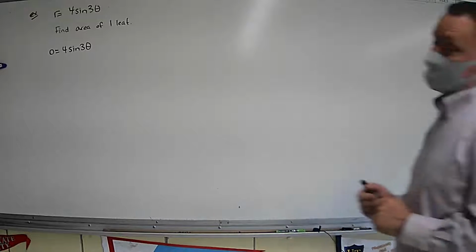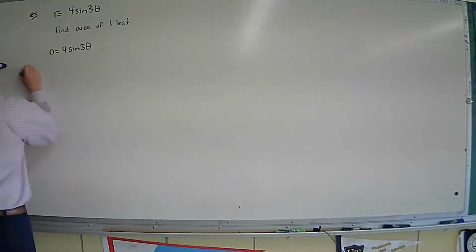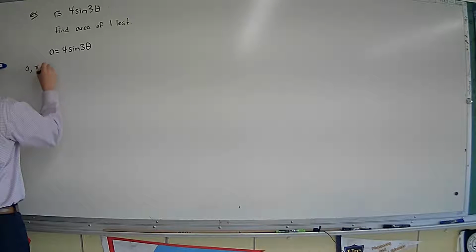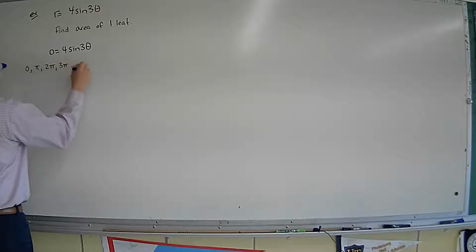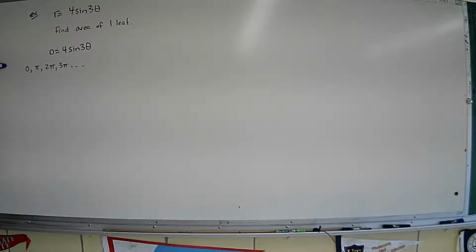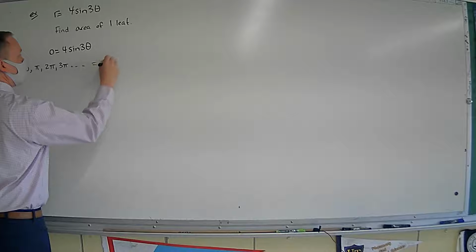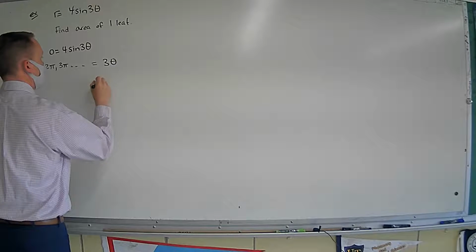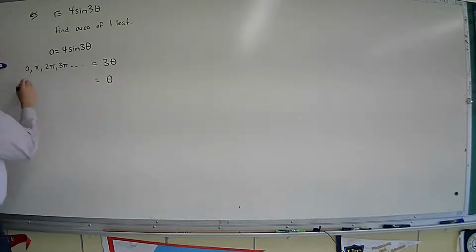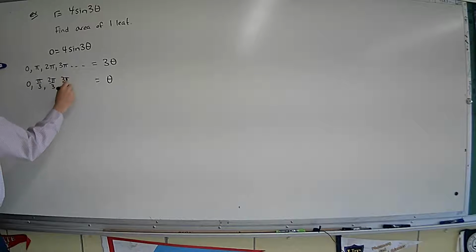Where is sine 0? Well, sine is 0 at 0, pi, 2 pi, 3 pi, etc., right? So that equals 3 theta. So theta then is 0, pi over 3, 2 pi over 3, 3 pi over 3, etc.